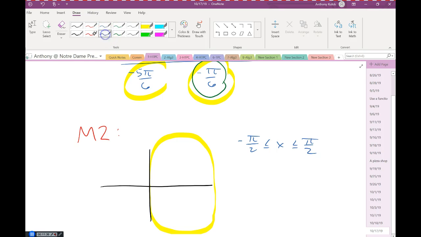The reason I know we're restricted to the first or fourth quadrants is because negative pi over 2 is this axis, and positive pi over 2 is that axis. So we're just going in between that. And then using All Silly Turtles Crawl, I know sine is going to be negative in the fourth quadrant, but not the first quadrant.